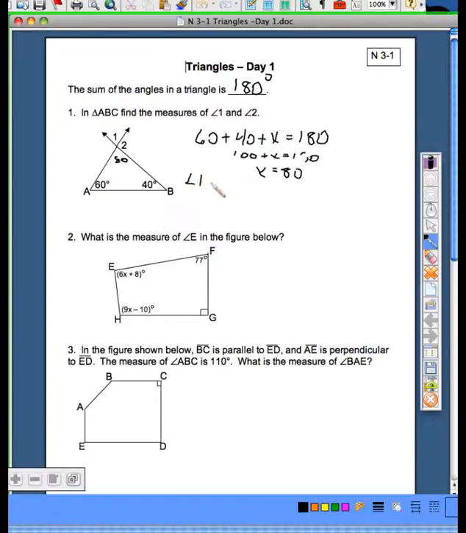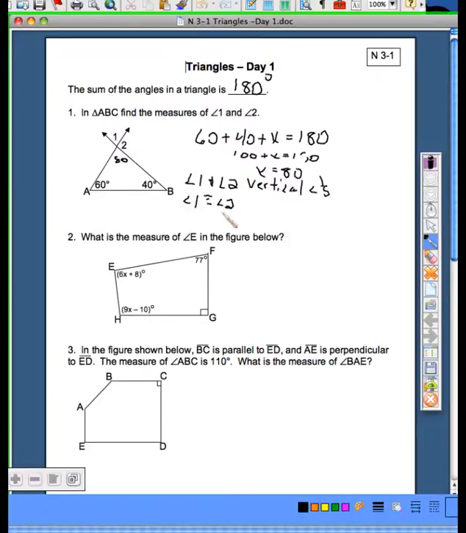Angle 1 and angle 2 are called vertical angles. Okay, they're vertical angles. And vertical angles are congruent. So angle 1 is equal to, or congruent to, angle 2.